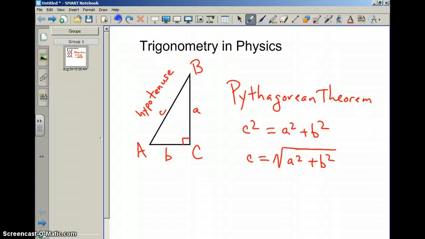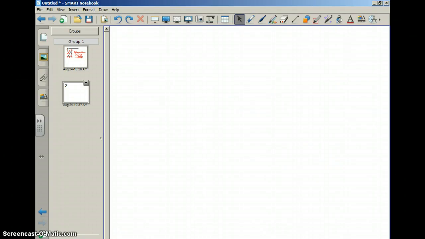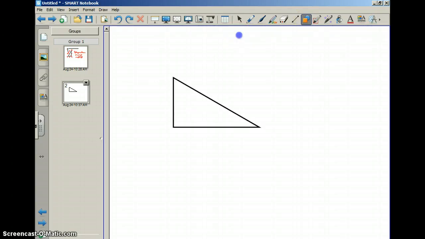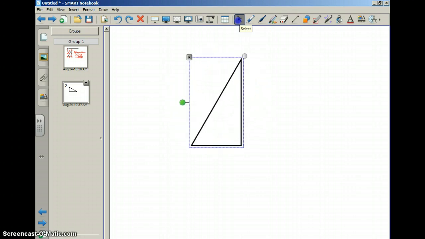The other trig functions that are very useful for a right triangle would be the sine, cosine, and tangent functions. So let's take a look at those. Again, we need a right triangle. All right.